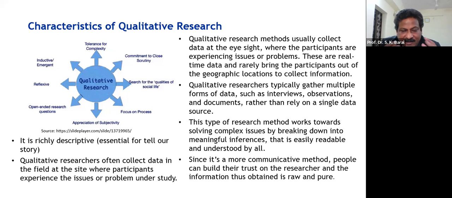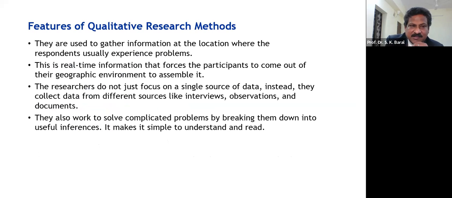Researchers often collect data in the field, at the site where participants are involved and experienced with a particular issue or with many issues or problems under study. So that is the characteristic of qualitative research.